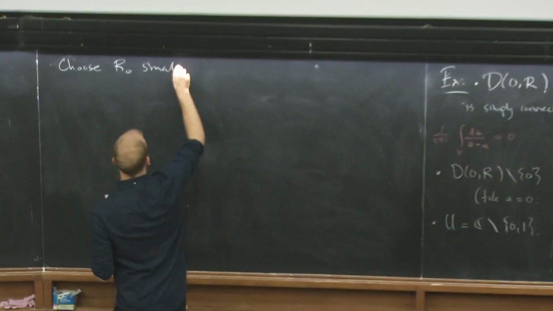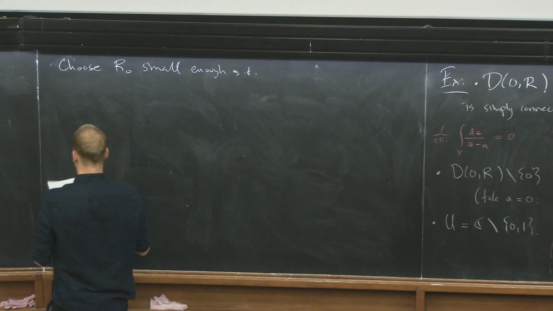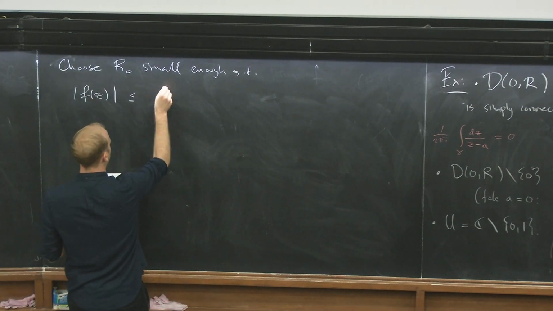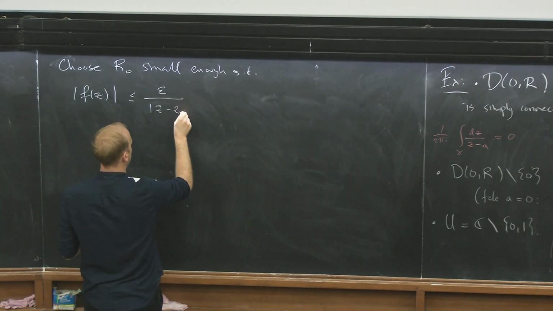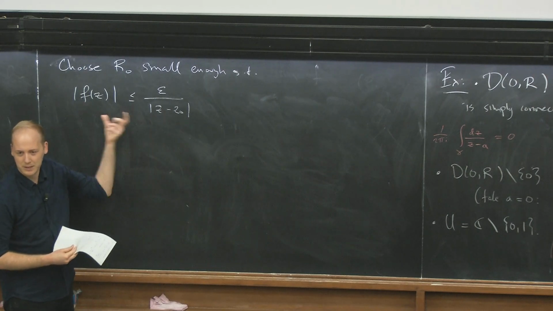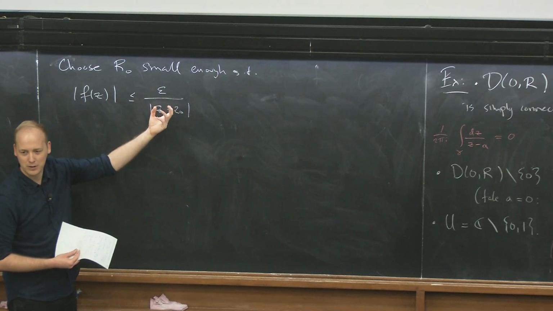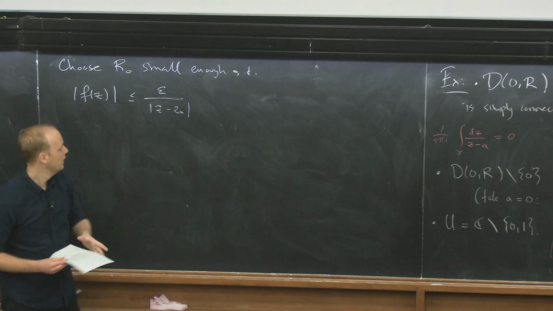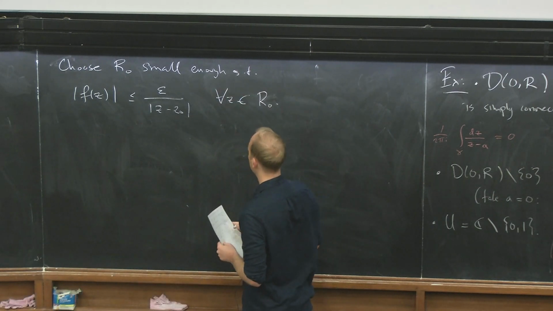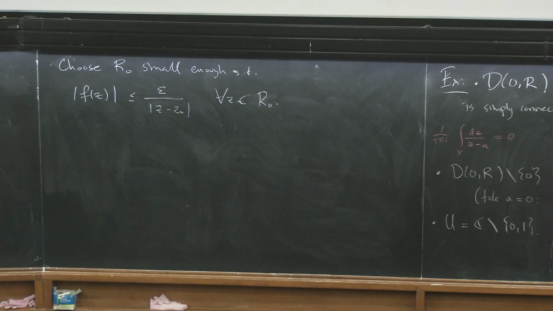So by choosing R0 small enough such that the absolute value of f of z is less than or equal to epsilon over the absolute value of z minus z0. So this is a sort of reshuffling of this condition, right? That the absolute value of this times that has to be less than epsilon eventually when z comes close enough. And this should be true for every z in R0, okay? Where now the radius depends on epsilon, okay?